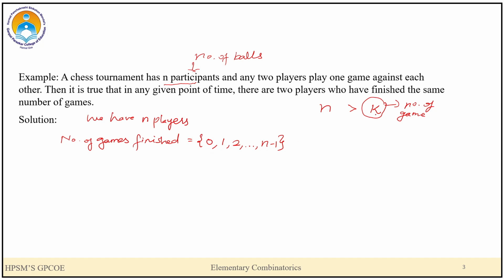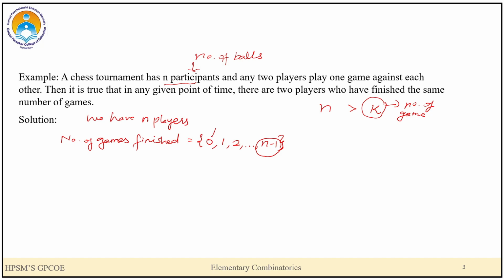But if you want to apply this pigeonhole principle, then we won't be able to apply that principle in this case if number of participants will be equal to number of games. But if you notice one thing, that if at all one participant has played n minus 1 games, that means what? That player has played with rest all of the participants.